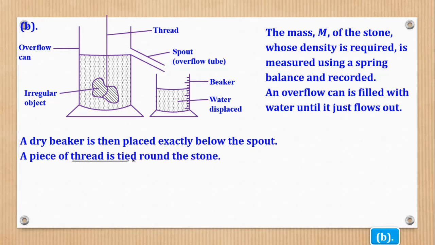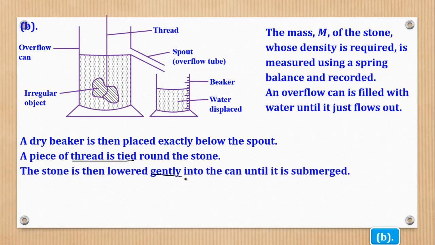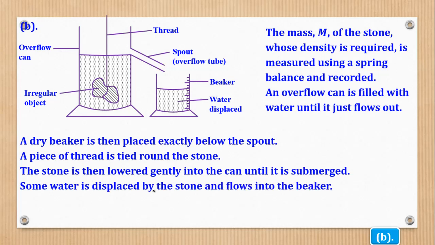A piece of thread is tied round the stone and then lowered gently into the can until it is submerged. Some water is displaced by the stone and flows into the beaker.